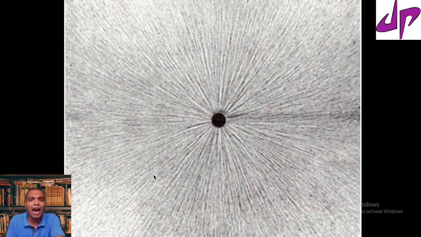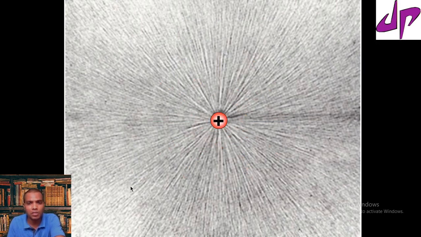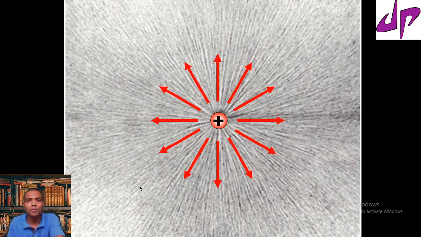If you sprinkle iron filings around this charge, the iron filings will be attracted depending upon the nature of the charges. If it is negative, those all will be coming towards it. That is the convention. But if it is positive, the electric field lines are going away from the positive charge.